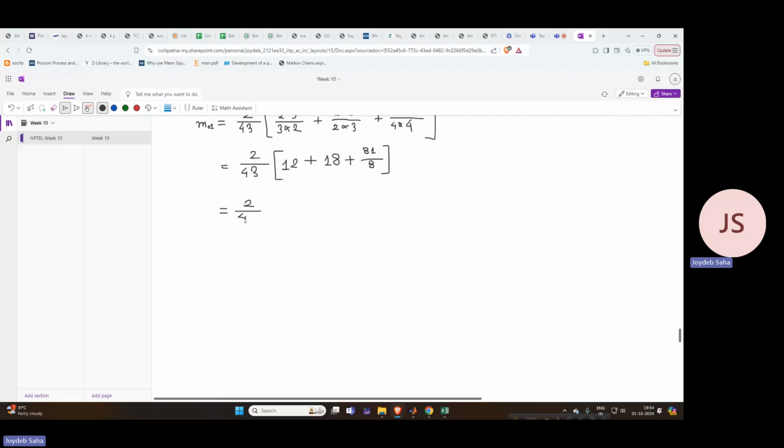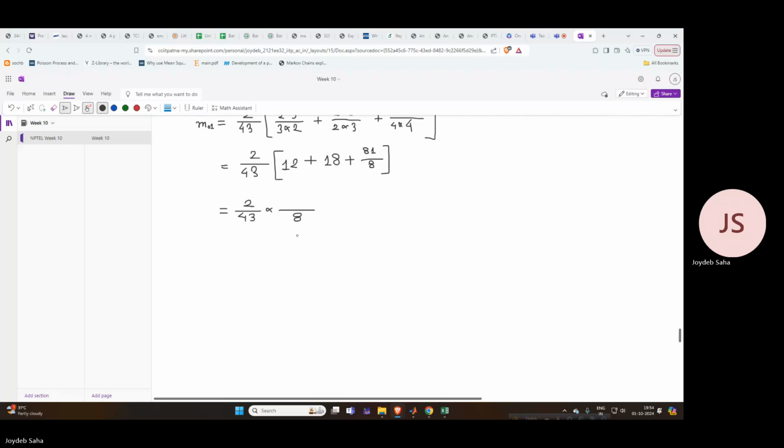This is 2 upon 43 multiplied with, denominator is 8, which is 30 cross 8, right?